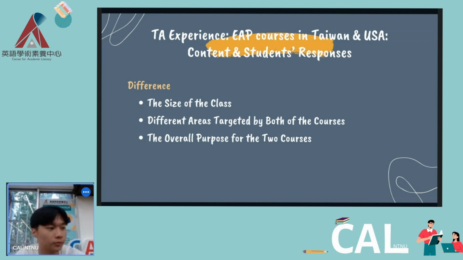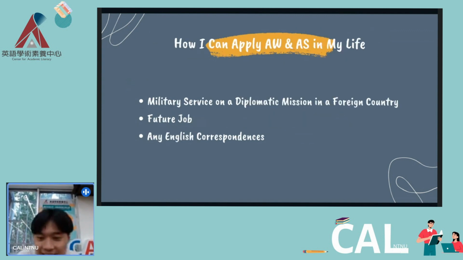Okay. So last but not least, I want to talk about how I will put academic writing and academic speaking into use in my future life, meaning what I'm going to do in the future. So the first thing is that I'm going to serve in the army after the summer.